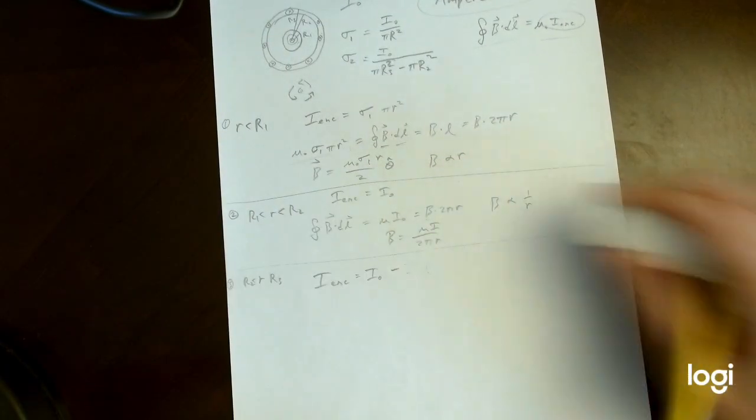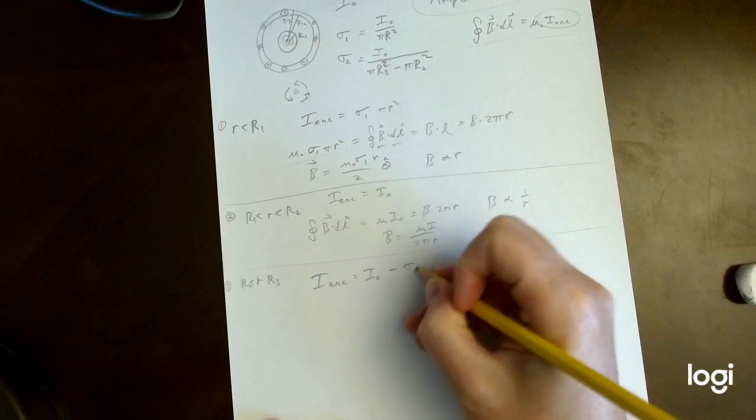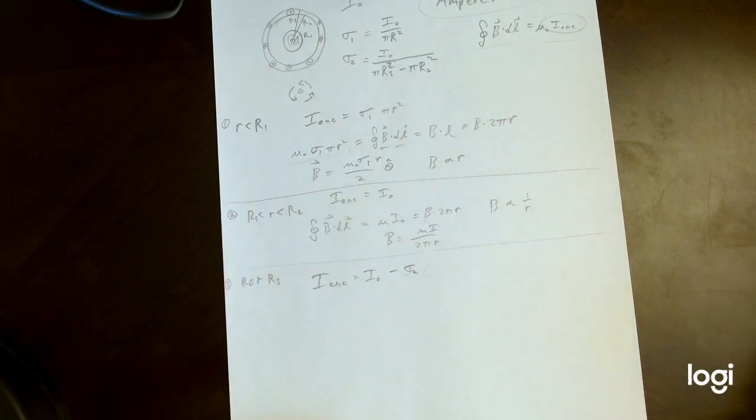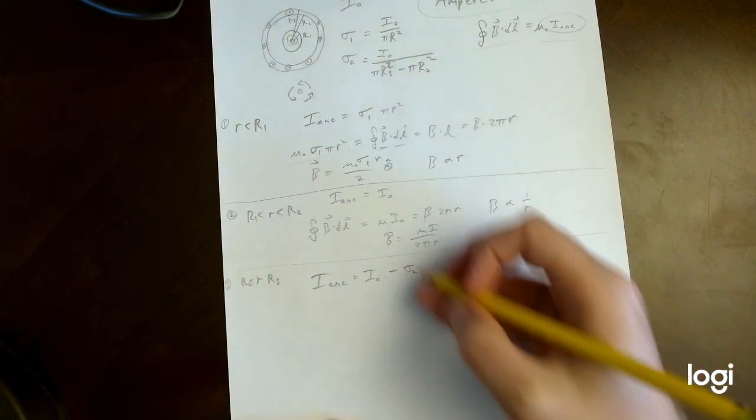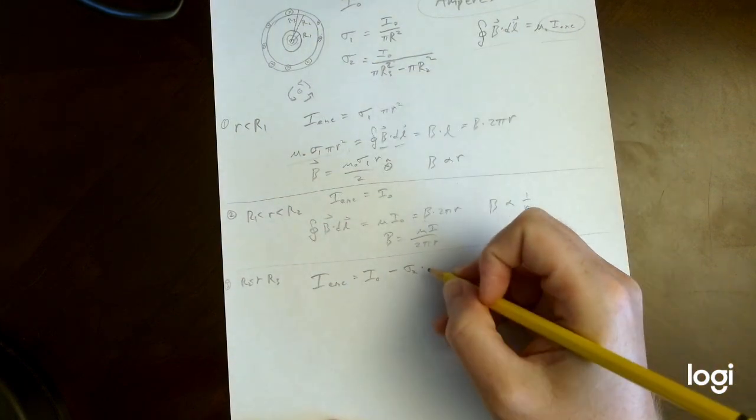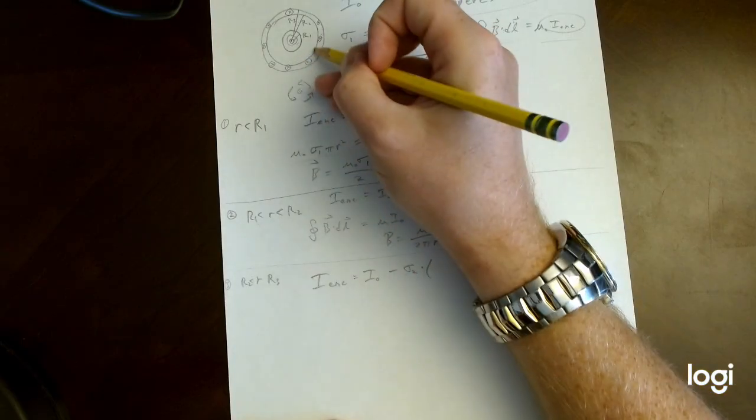We're going to subtract from that this surface current density, sigma 2. And then we would just multiply that by whatever area we're enclosing.